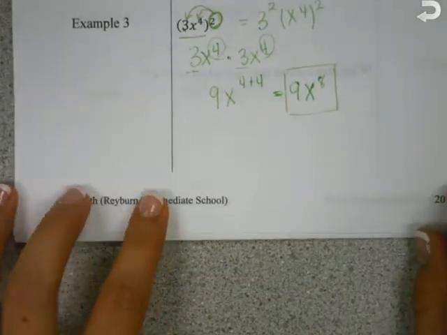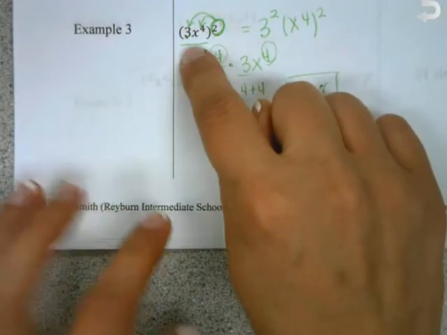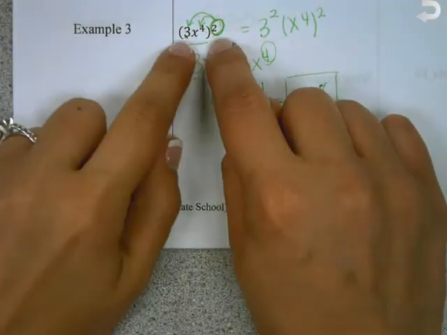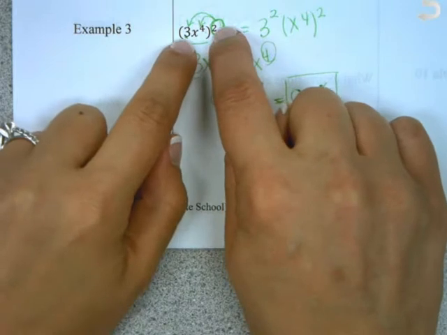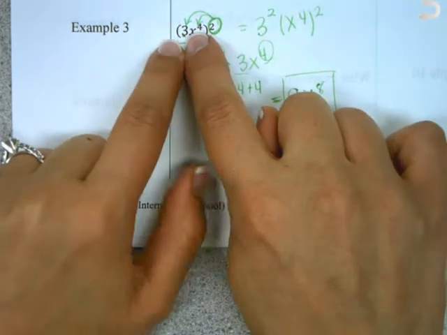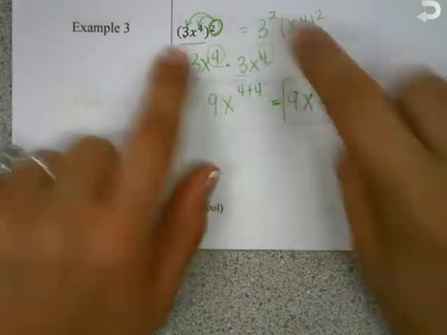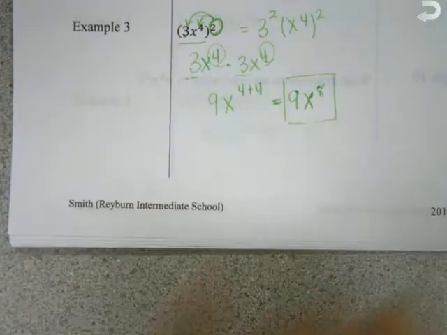What does 3 times 2 give me? 6. What am I supposed to do? Not 3 times 2, 3 to the power of 2, which gives me 9, okay? So please remember that we're just looking at exponents here. We're not multiplying 2 times 3. So just be careful with that.